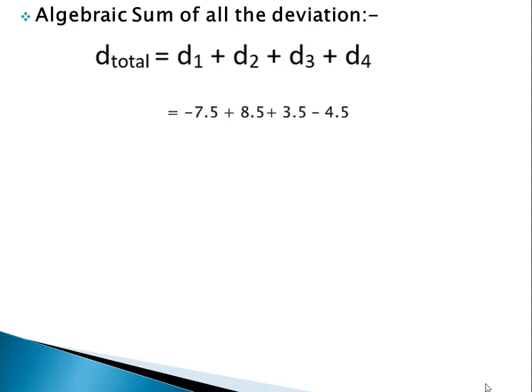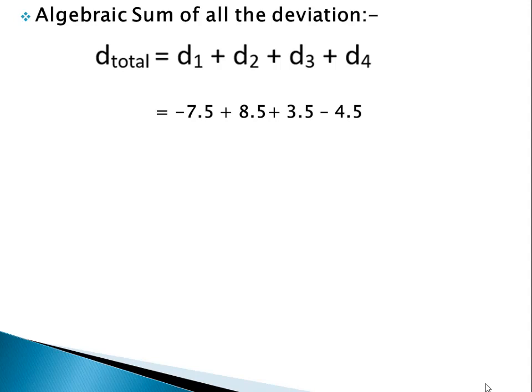Now substitute the values: d total is equal to minus 7.5 plus 8.5 plus 3.5 minus 4.5.